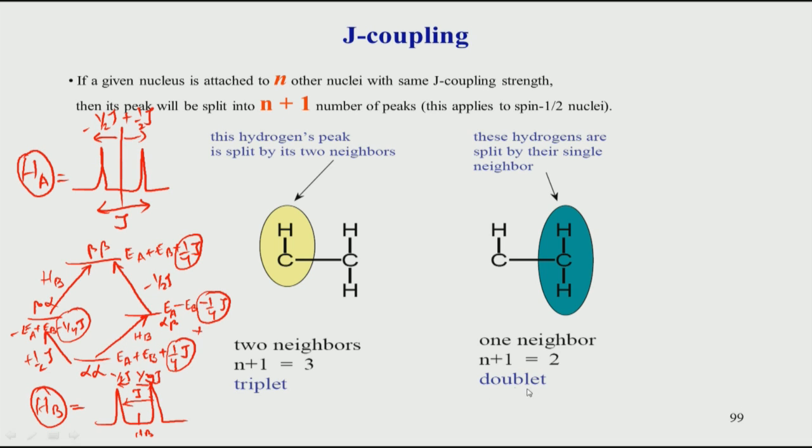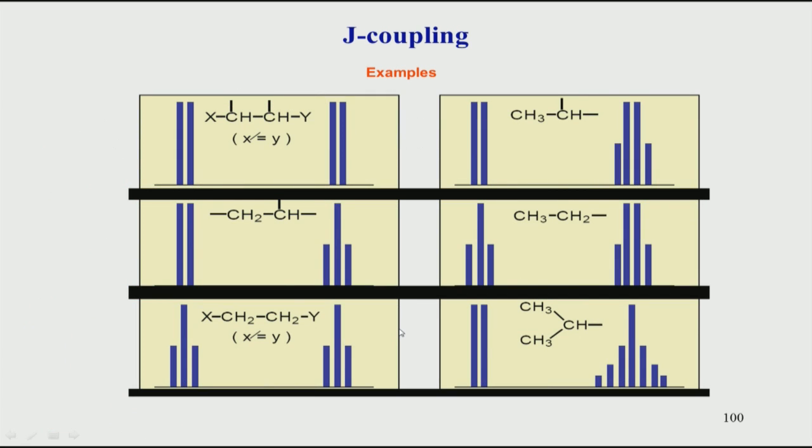So, doublet, as the word sounds, means 2 peaks, and as the word sounds here, it means 3 peaks. So, like that we can look at the different types of coupling which are shown here in different examples. You can see here this particular hydrogen which is shown with this arrow and this particular hydrogen. Now, what happens is this x and y are not the same.